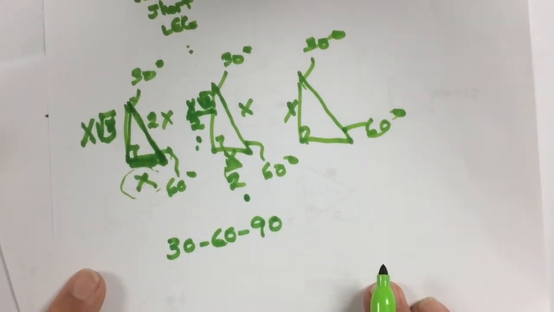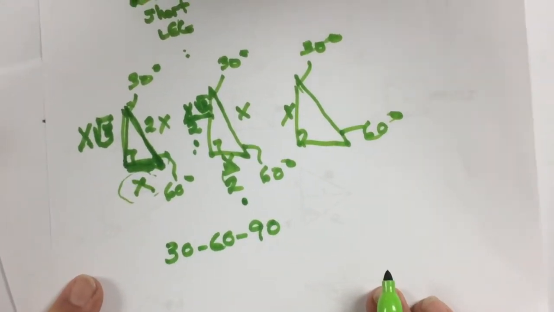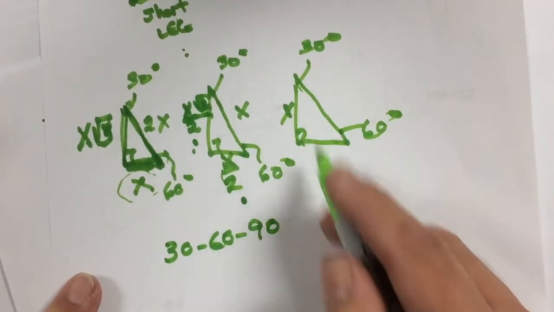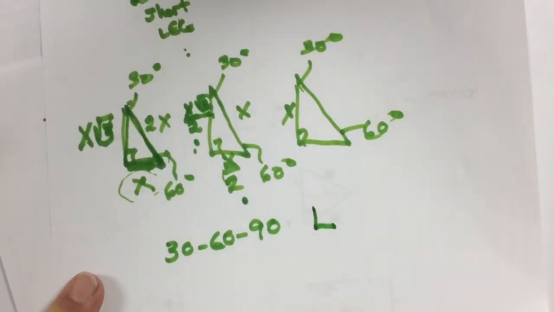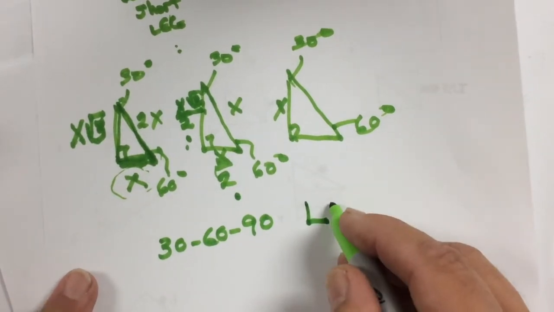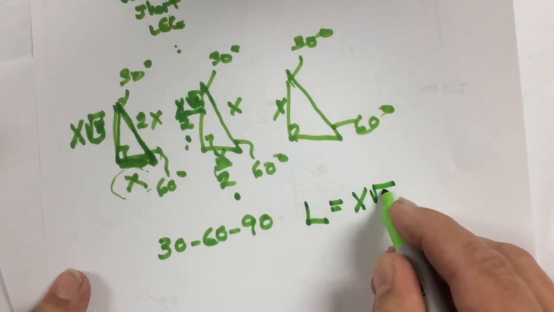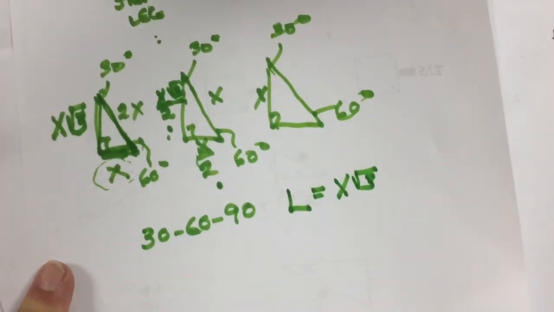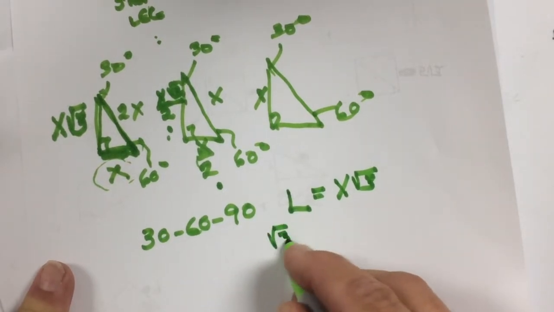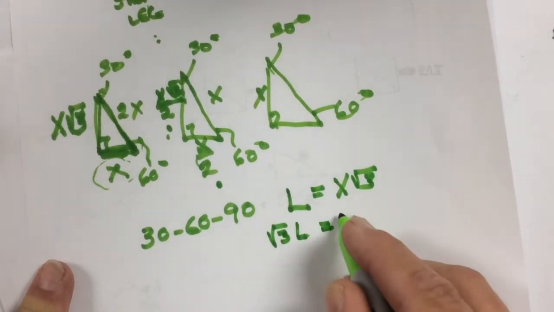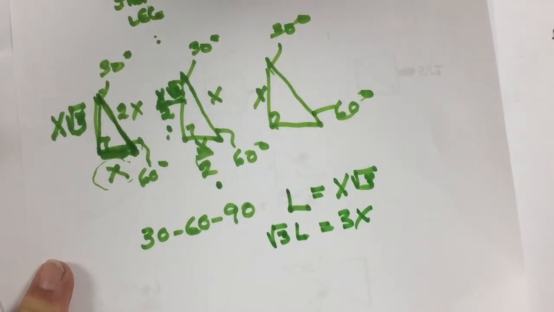All right. So here's the deal with this. What if I give you the long leg? Well, the long leg is going to be the short leg times the square root of 3. If I multiply both sides by the square root of 3, I get that.